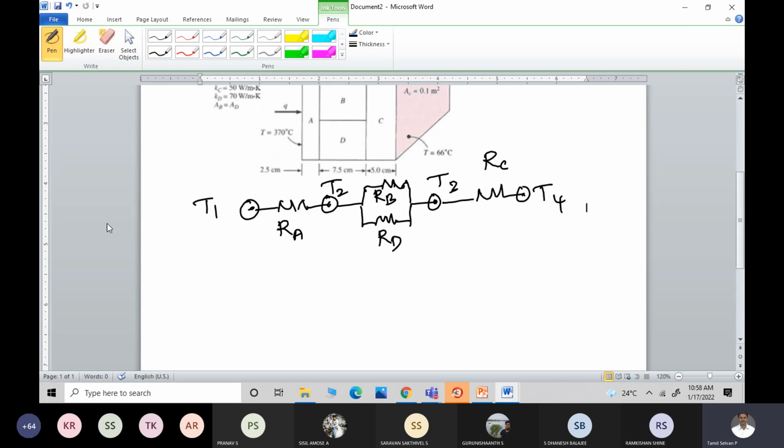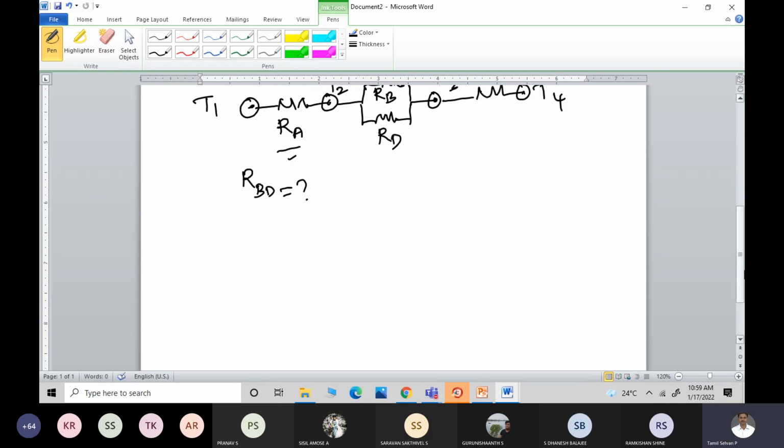Now we have found out RA, we have found out RC. Now we have to find out RBD, right? We know that in case of a parallel circuit, 1 by RBD will be equal to 1 by RB plus 1 by RD.